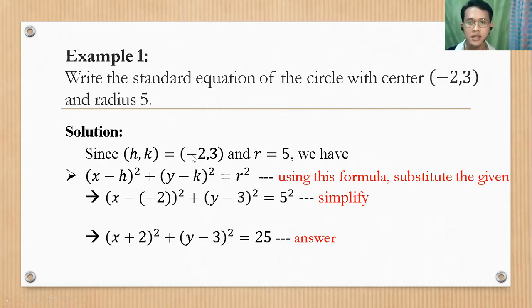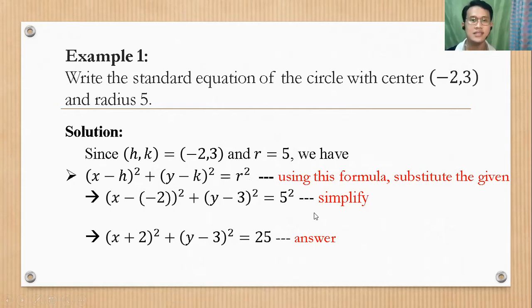For -2, you substitute that for h, and 3 for k. Below, you can see it here: (x minus the negative 2) squared plus (y minus 3), which is your k, squared is equal to 5 squared because the value of r is 5.